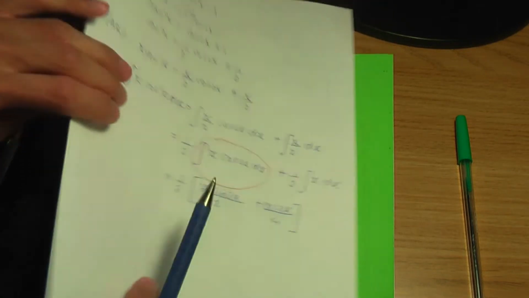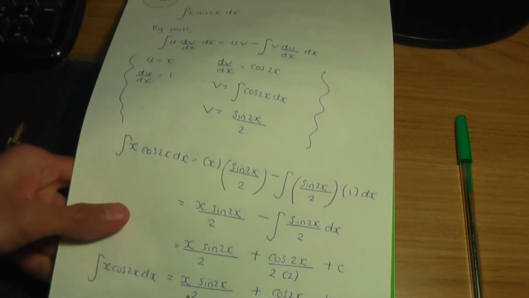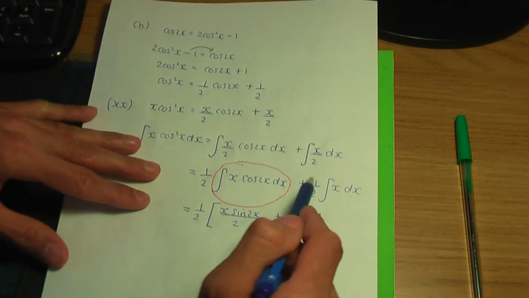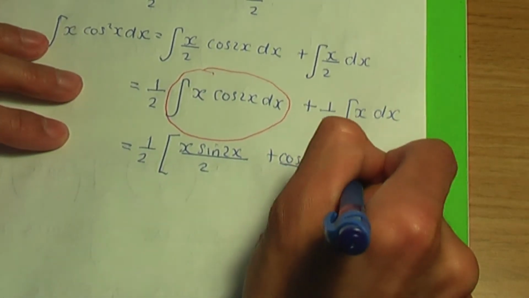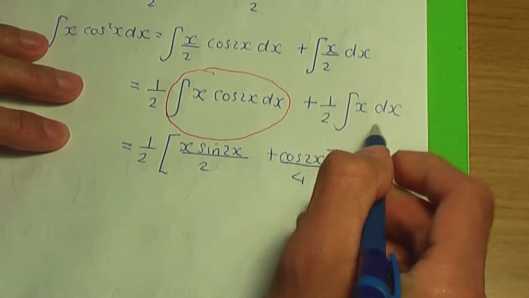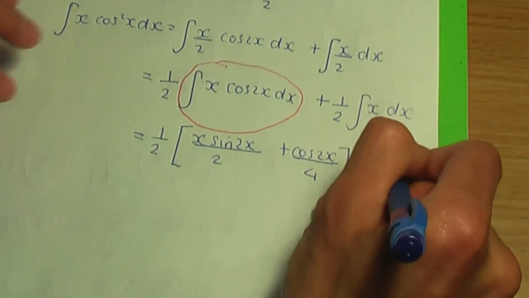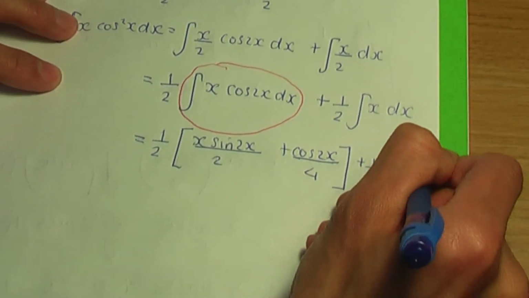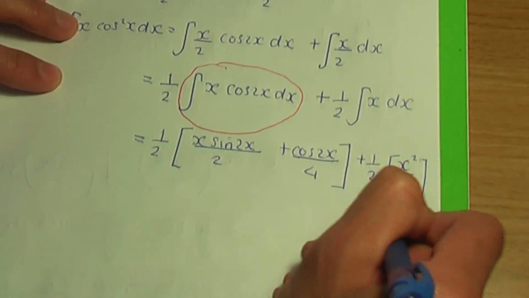That is the solution which I've copied down from the previous part, part A, plus a half from here, when I integrate x, that being x squared over 2. Let's add the plus c here.